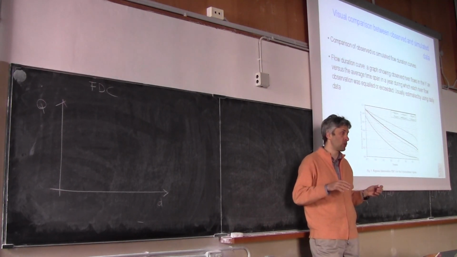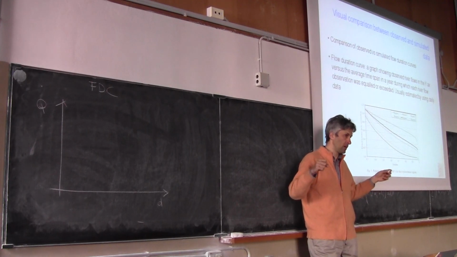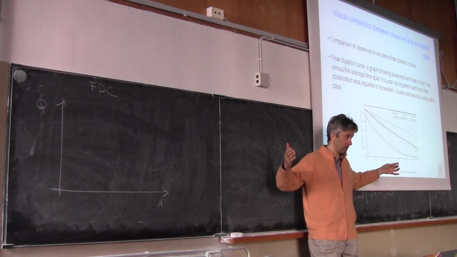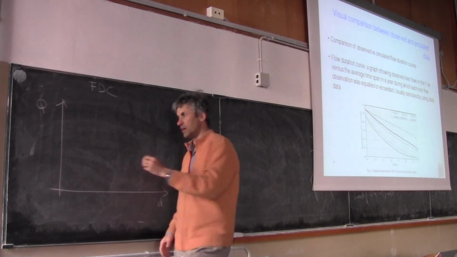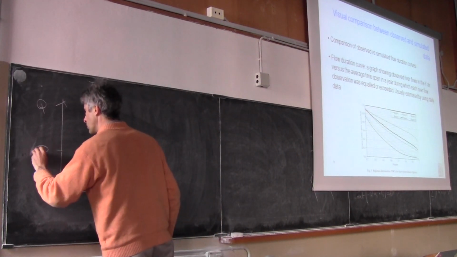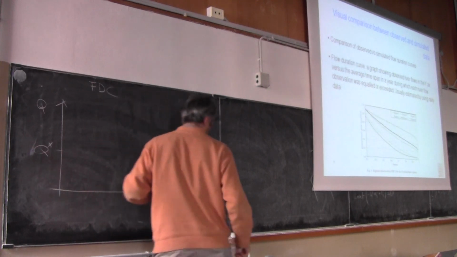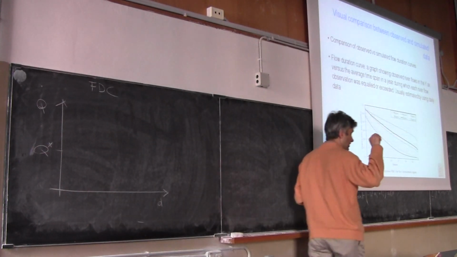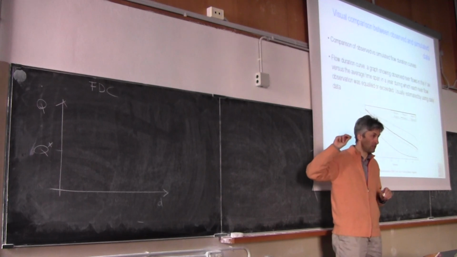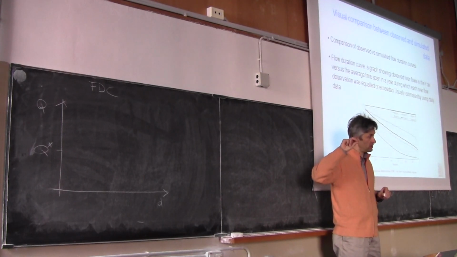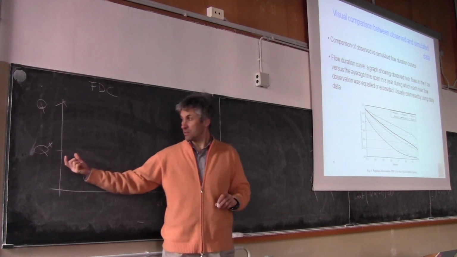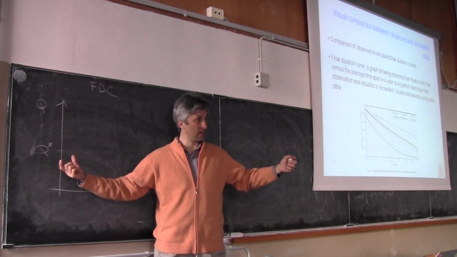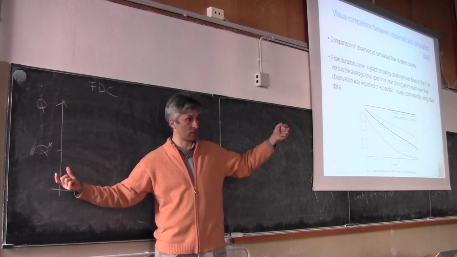Therefore, let's suppose that you have a long series of data, and let's suppose that for a given value of the river flow Q star, you count the average number of days in the year in which the river flow is equal or greater than Q star.